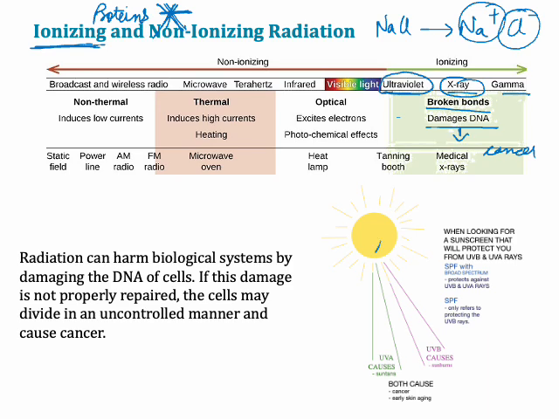UV rays that we can get include 3 types: A, B, and C. C is the worst kind of UV radiation, but that is already prevented by the ozone layer around Earth. So the atmosphere prevents that from coming to Earth. But we do get a little bit of A and B, and both of these can actually lead to cancer. So the best is we protect ourselves from exposure to these.